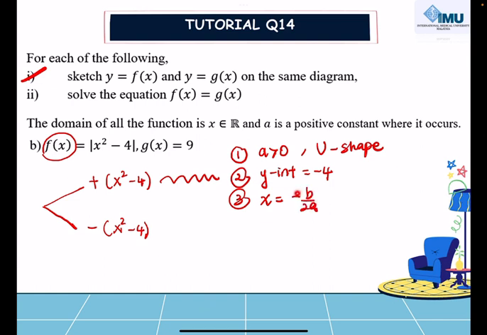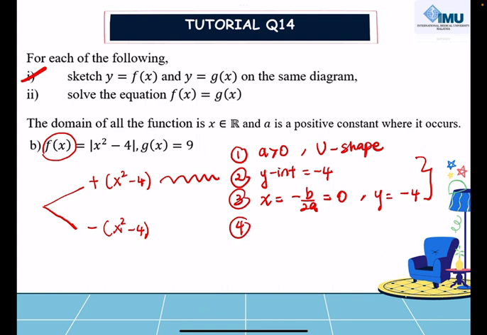Since your b coefficient is 0, 0 divided by anything will still give you 0. How about the y? Obtain your y by substituting x equals 0. 0 squared minus 4 will give you negative 4. Notice that information number 2 and number 3 are the same thing.